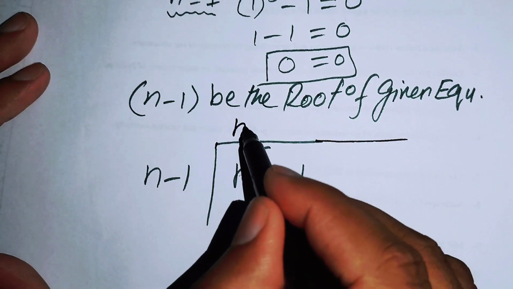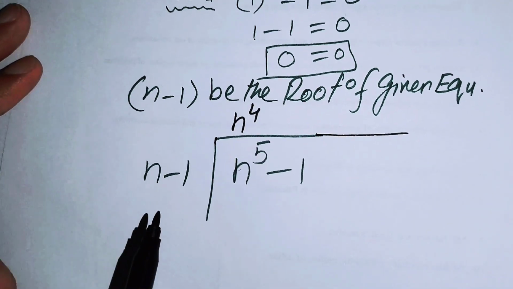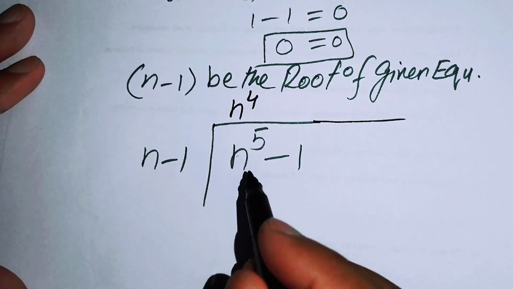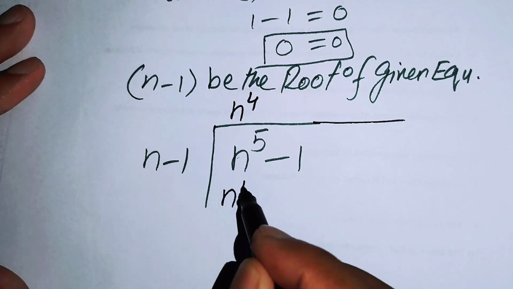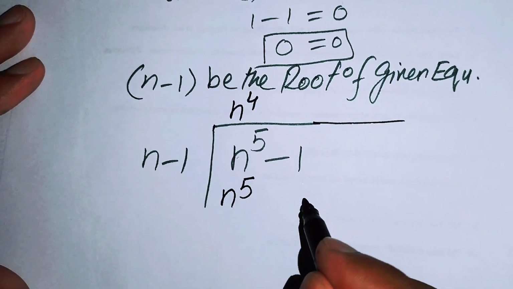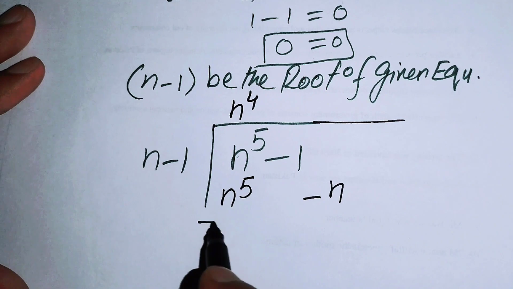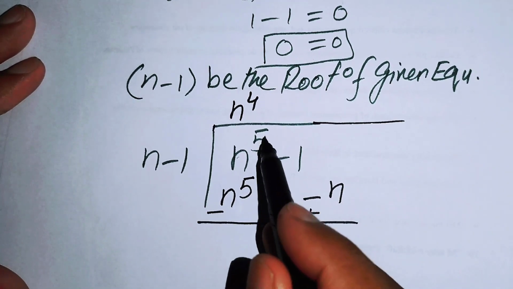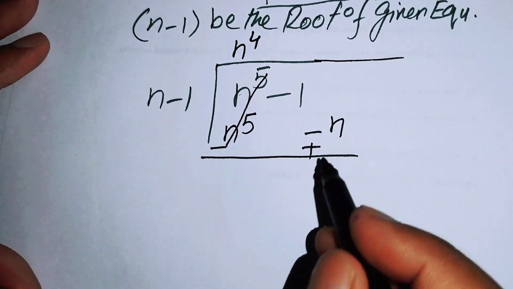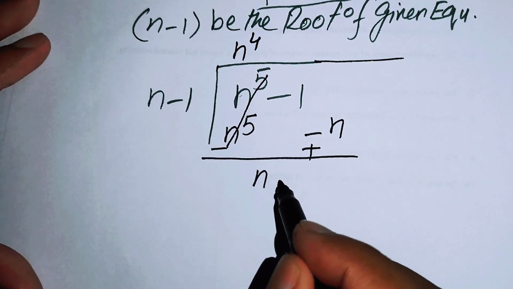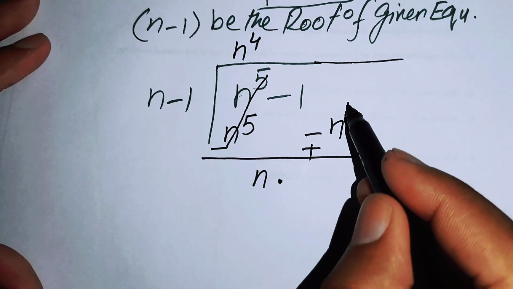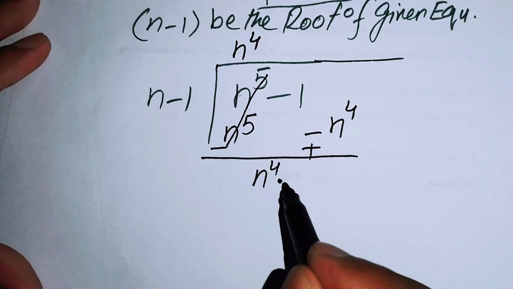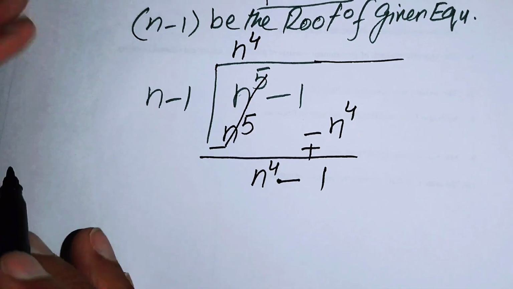its term by n to the power of 4. So when you multiply n to the power of 4, you will get n to the power of 5 minus n to the power of 4, and now you can subtract these terms and you see that these are gone, and here you get n to the power of 4 minus 1.